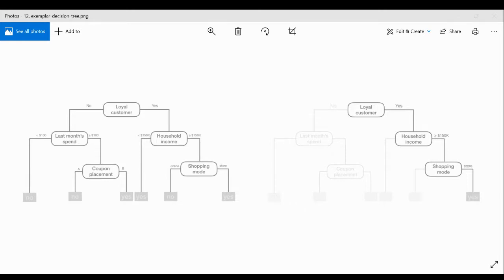There's no reason to expect that the target values are perfectly split on that one split, all yes on one side and all no on the other. But the idea is, based on however the algorithm is assessing things in the background, that split on loyal customer is the one that does the single best job of having the next two nodes be as homogeneous as possible. In one of those, there's as many yeses as possible. In the other, there's as many no's as possible. It does the best job of splitting that up in some form of purity, as we might describe in the note.